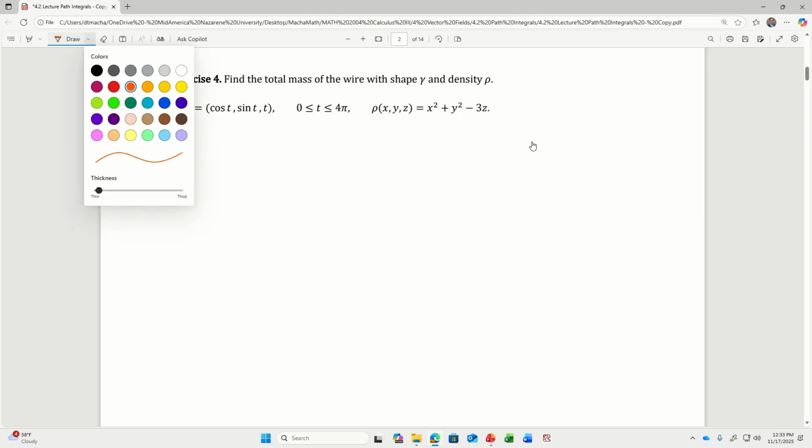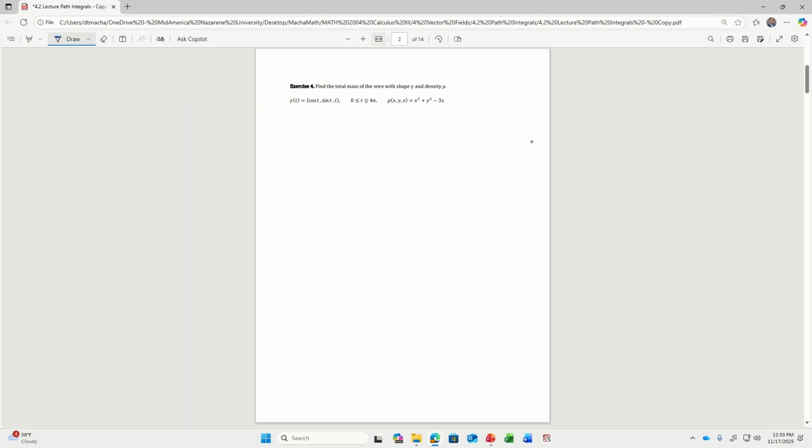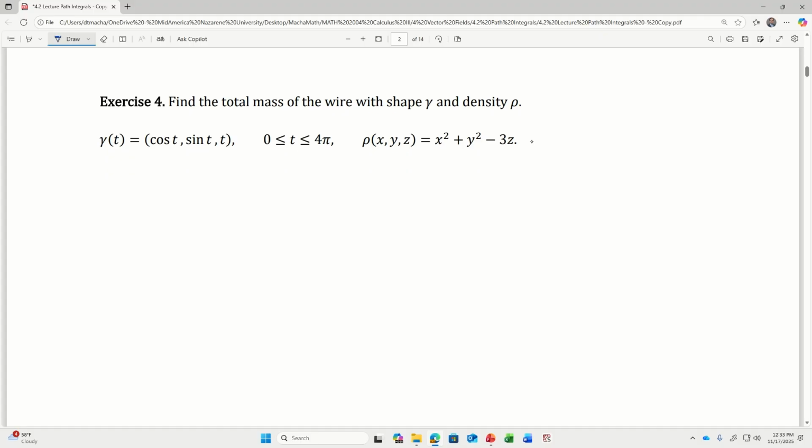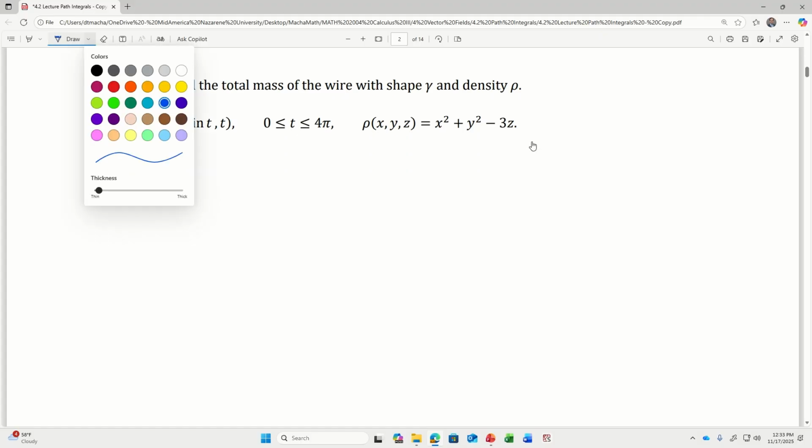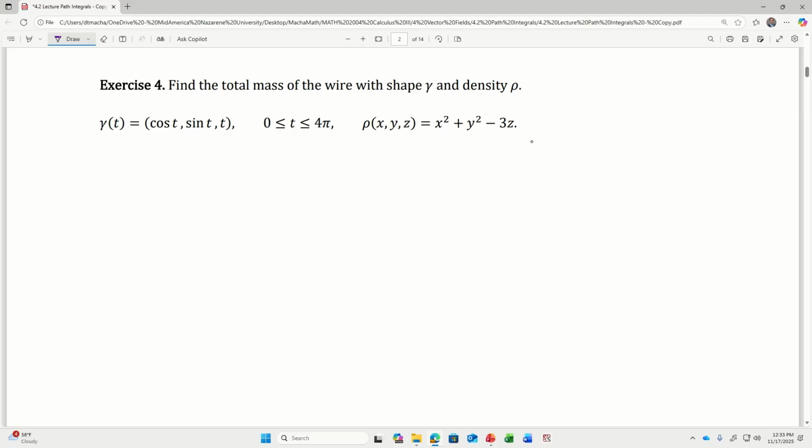So here's an example. Find the total mass of the wire with shape gamma and density rho. So this is going to be an integral over the scalar field rho over the path gamma. So in other words, it's going to be an integral from a to b of rho times the norm of gamma prime.